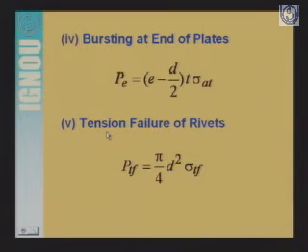Next type of strength that we calculate is tension failure of rivets. The strength Ptf can be calculated as pi by 4 d square into sigma tf. So out of these five strengths, whichever is less is taken as the strength of the riveted joint.